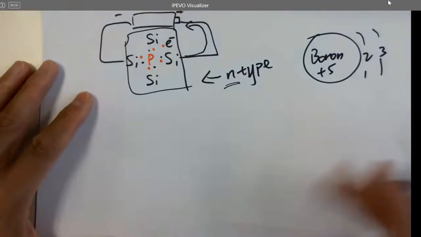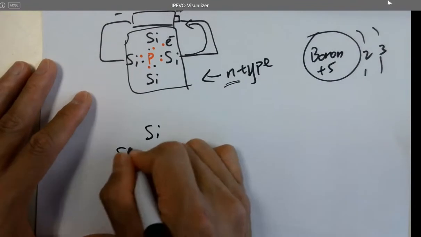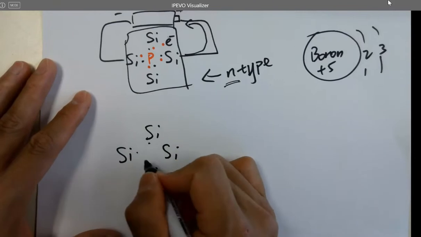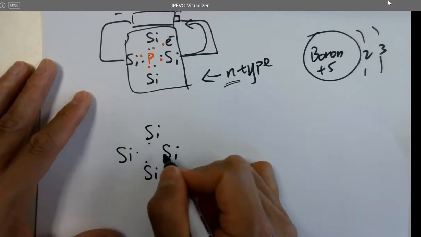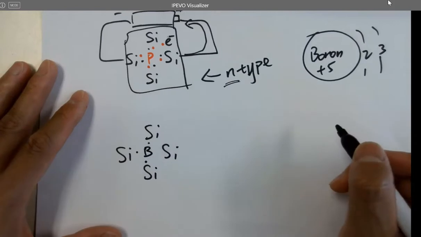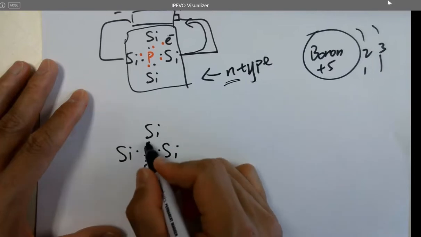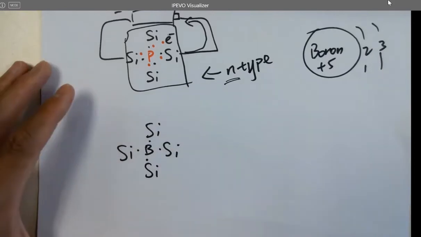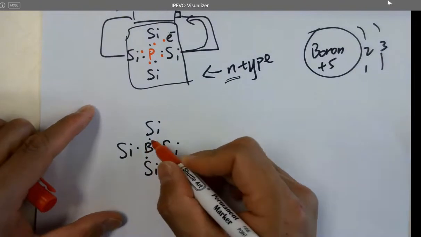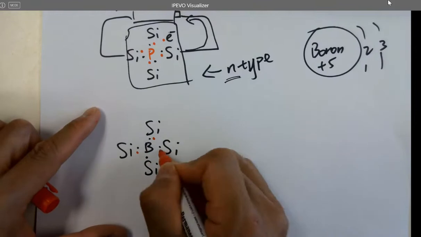So if a silicon wafer is doped by boron, what's going to happen? These silicon atoms are contributing 1 to the bonds, as usual. What about the boron? It only has 3 electrons. It's going to form a bond here, a bond here, a bond here. What about the other one?